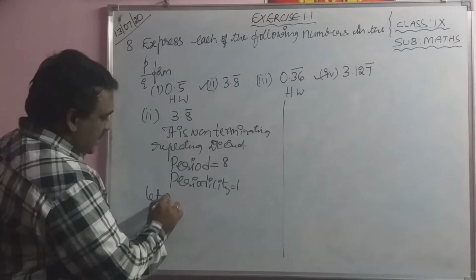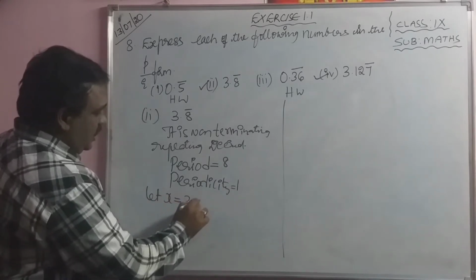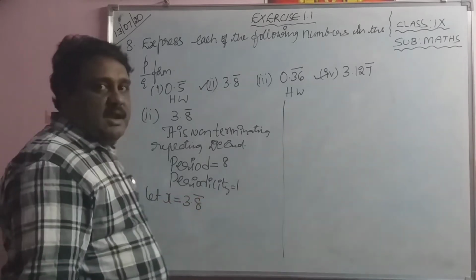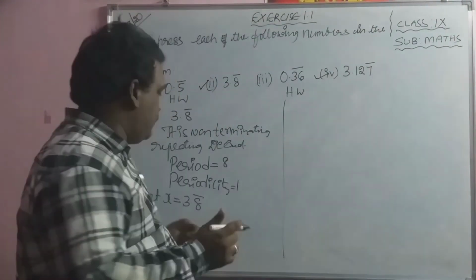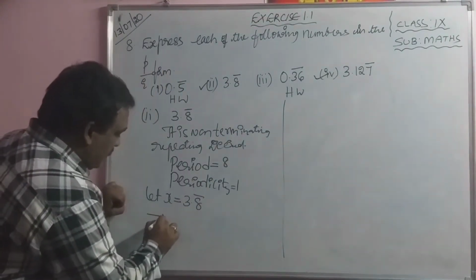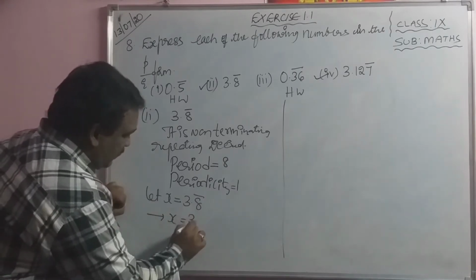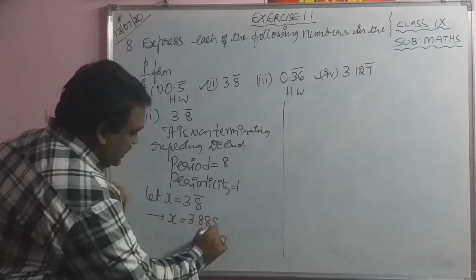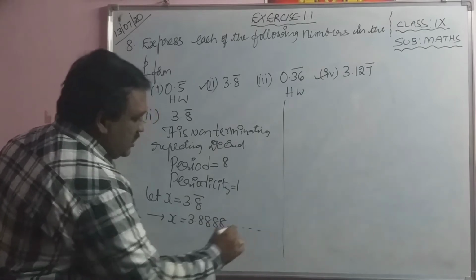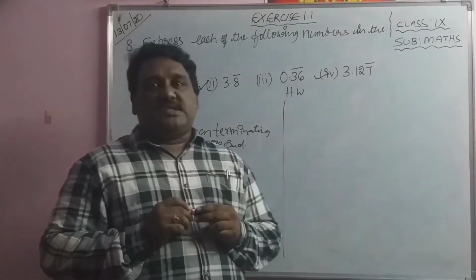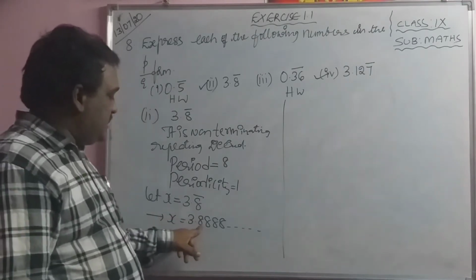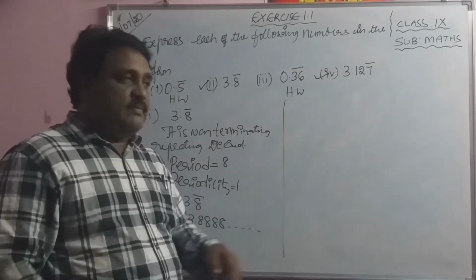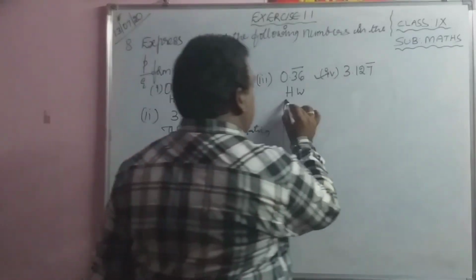Let x equal to 3.8 bar. Write the full form: x equal to 3.8888 and so on. We can write any number of 8s. How many numbers are repeating?